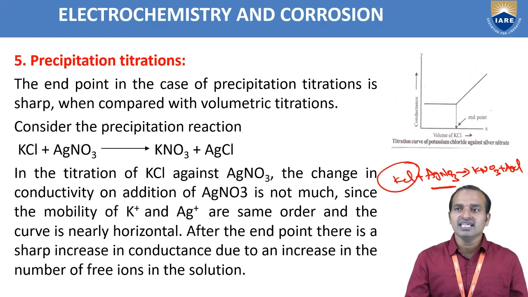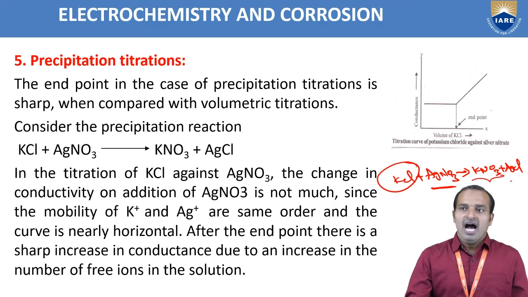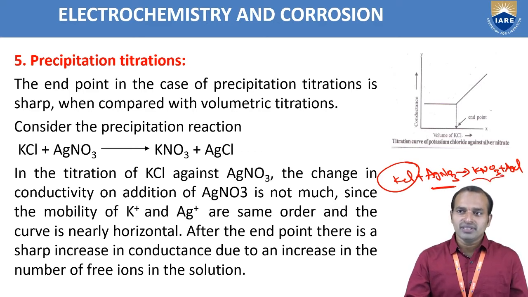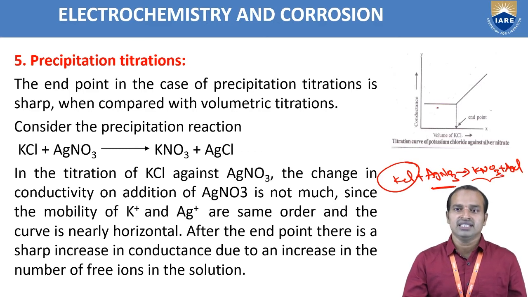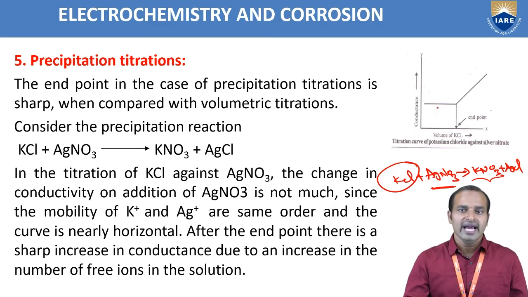When we are adding the AgNO3 to the KCl solution, there is no change in the conductance. After formation of KNO3, again the conductance values increase. Why? Because the mobility of K plus and Ag plus ions are of the same order and the curve is nearly horizontal, that means horizontal to the x-axis.